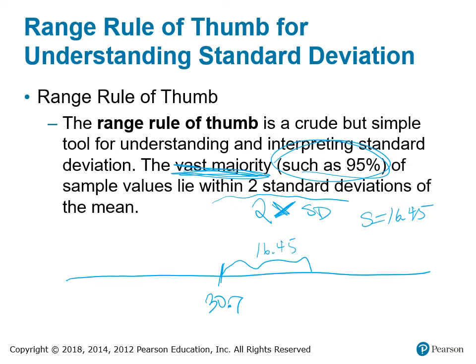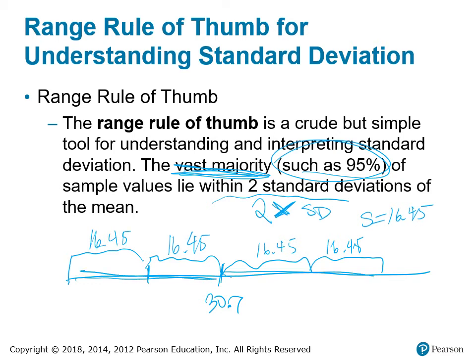I could go one standard deviation away from the mean, above or below, so I could add it or subtract it from the mean. Then I could go another standard deviation away, another 16.45. This distance right here is what we call a 2 standard deviation distance away from the mean.